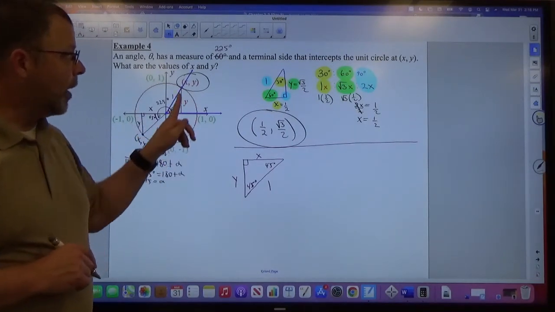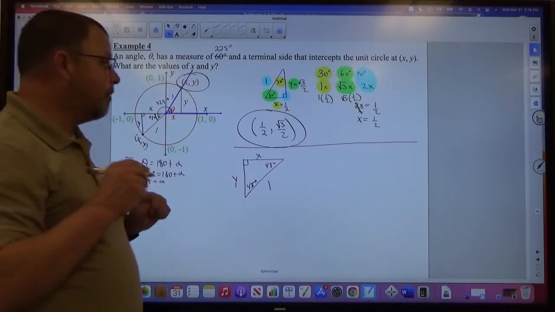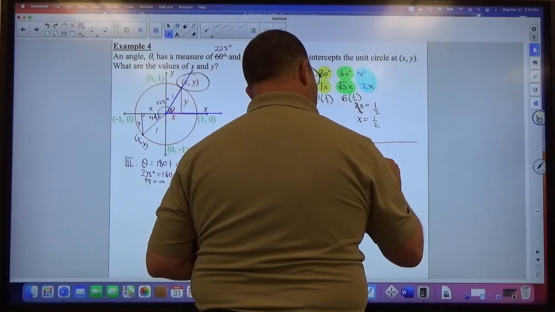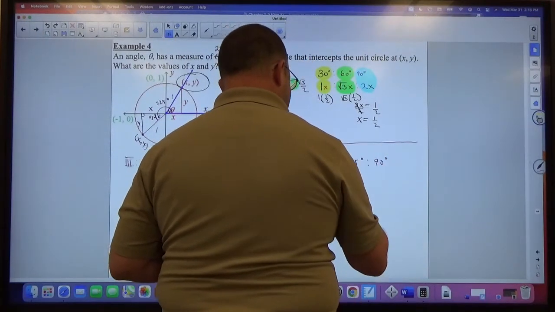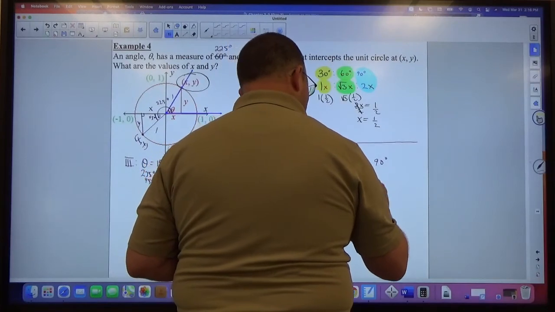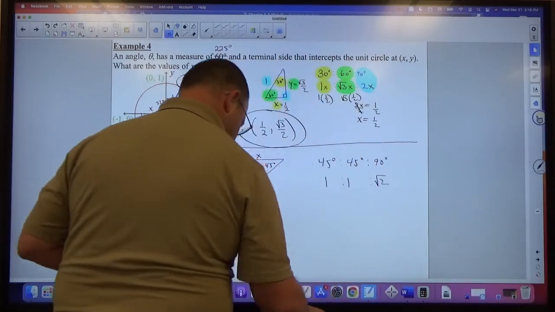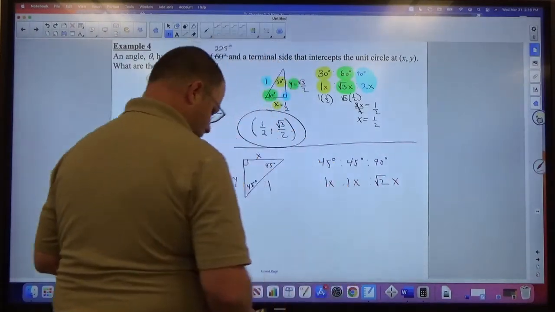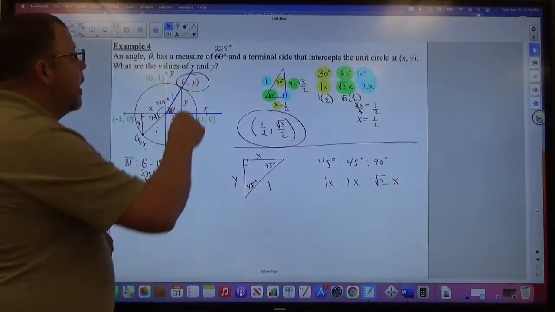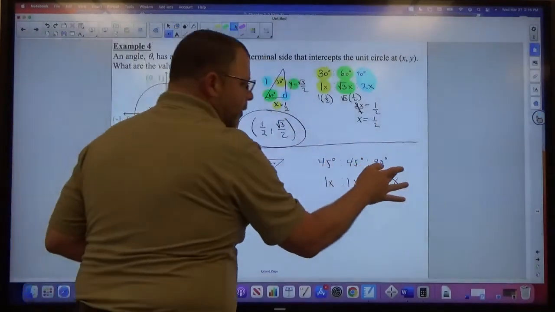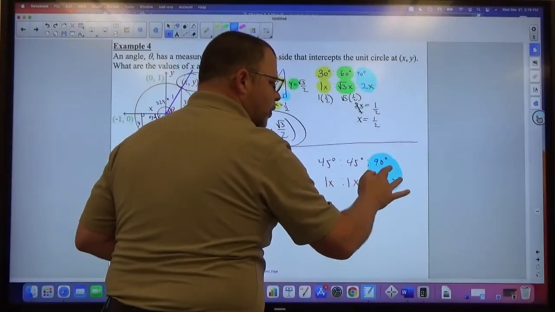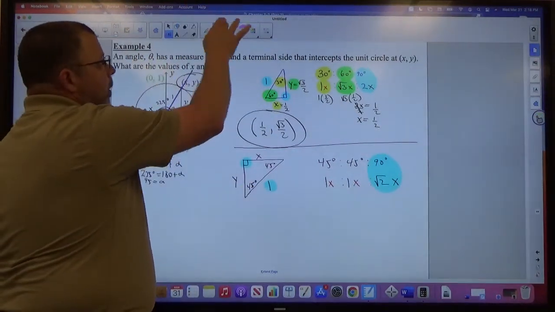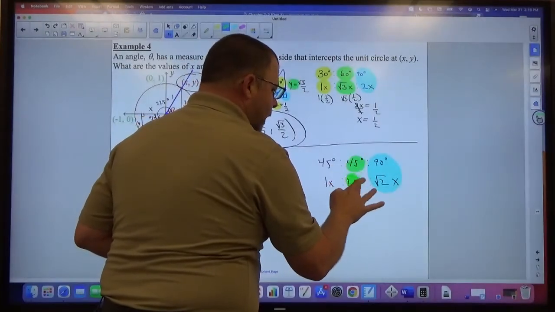So the ratio of sides in a 45, 45, 90 triangle is 1 to 1 to the square root of 2. Again, if I just assign an x to each of those things, just like the other problem, 90 degrees goes with square root of 2x, 45 degrees goes with 1x.